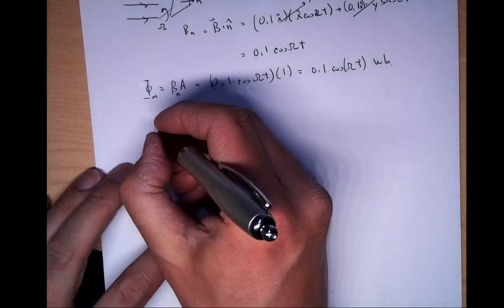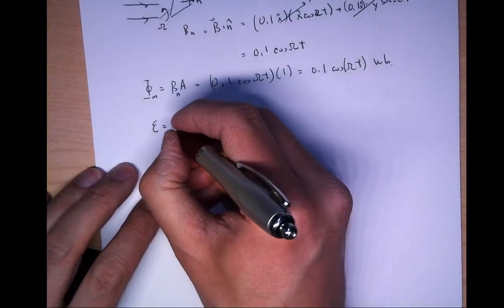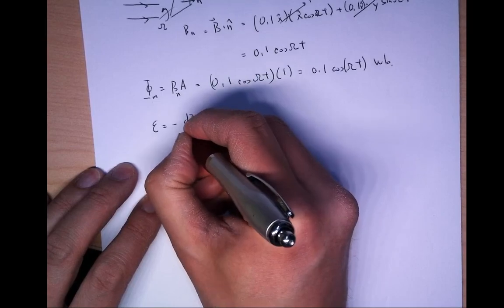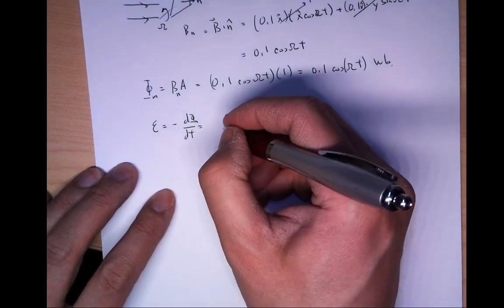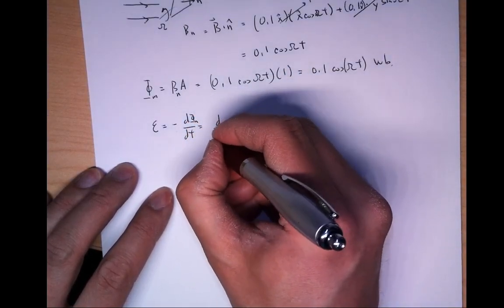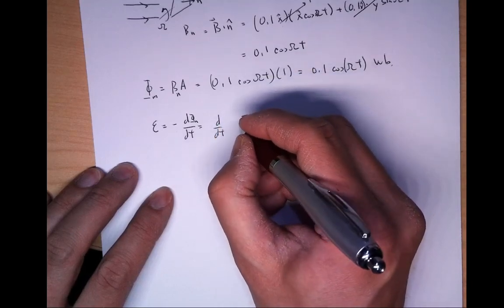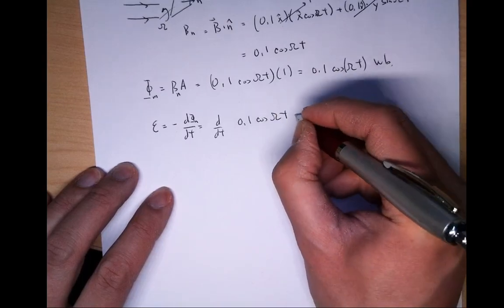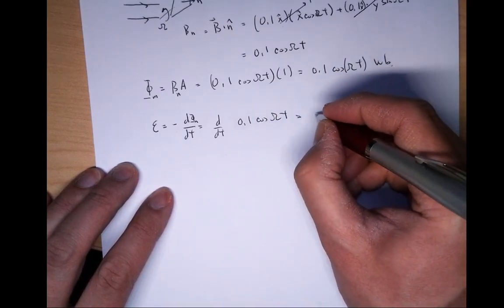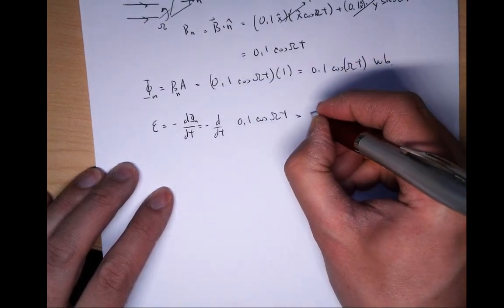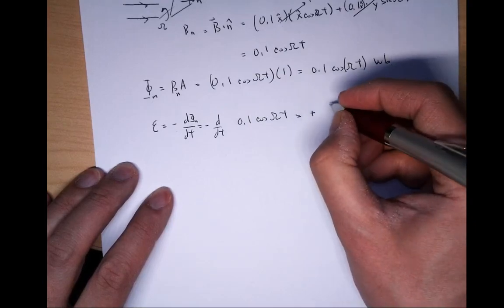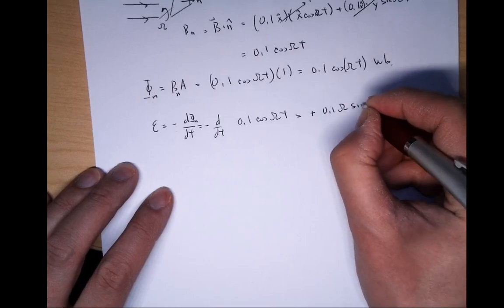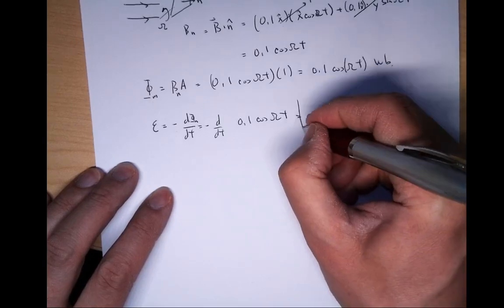Now we can compute the EMF. EMF is equal to minus d phi sub m dt, and that's just d by dt of 0.1 cosine omega t, which is just going to be equal to, with the minus sign, a minus and a minus is a plus, 0.1 omega sine omega t.